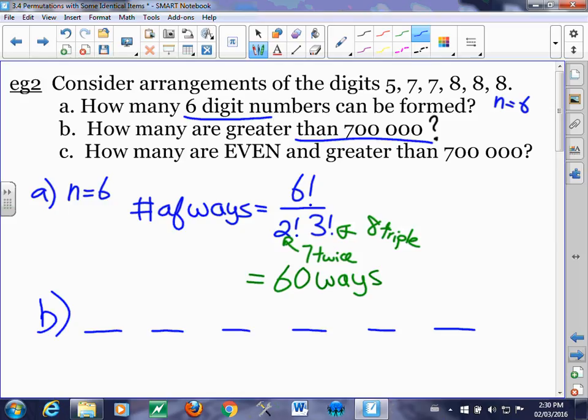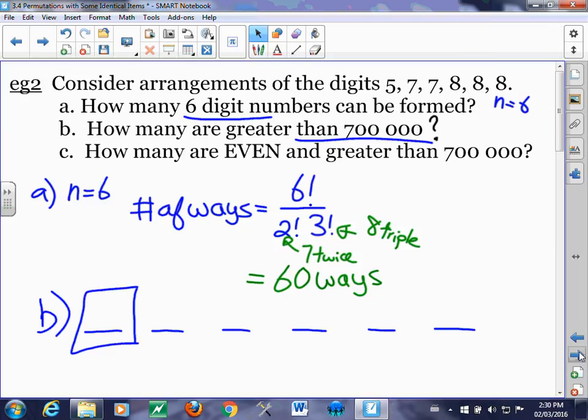And if it's going to be greater than 700,000, what number must be stuck at the front? Okay. Well, hopefully you realize it's got to be a 7 or an 8. We can do a 7 because we don't have the exact digits to do 700,000 because it says it has to be greater than, not equal to. So we're okay. If we had 7 and then 5 zeros, then we'd have to take a look at that situation. Wouldn't be able to apply it with that one.